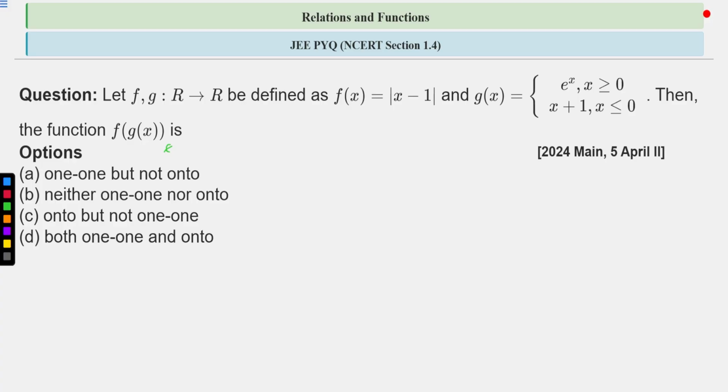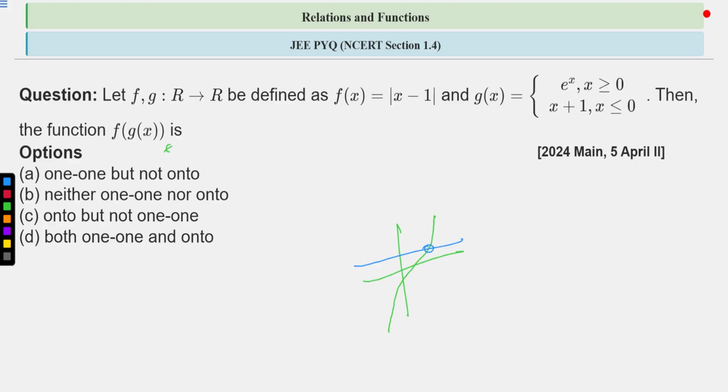And if it is cutting at more than one point, then we can say that the function is many-one. Suppose we have a function like this one. If we draw any line parallel to the x-axis and it is cutting the curve at only one point, then we can say that the given function is a one-one function. Got it?